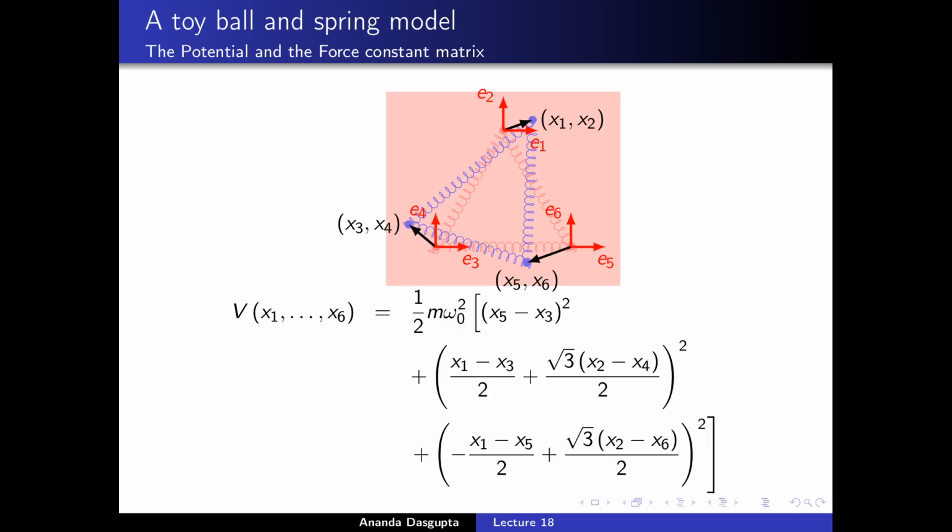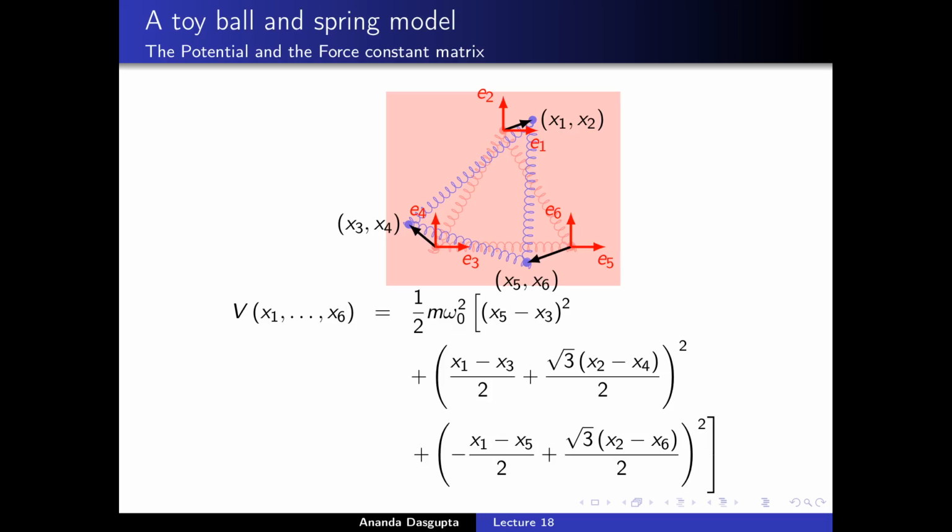And this dot product is exactly what is sitting in the second term in the square bracket there. The third line is actually the potential energy due to the other spring, the inclined one on the right, where the two endpoints have relative displacement with components x1 minus x5 and x2 minus x6 respectively.